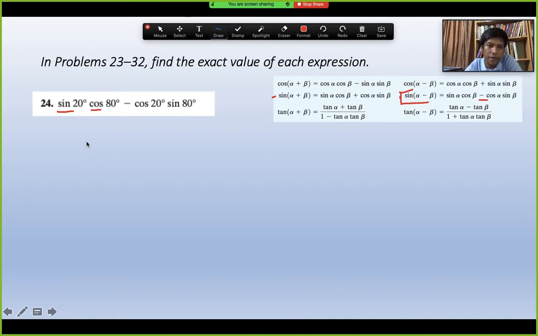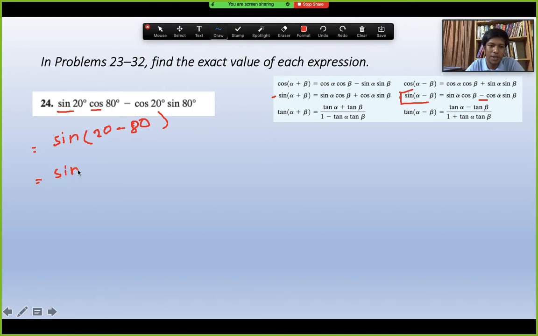Now what we have here is, the formula says this will be sine alpha minus beta. So alpha is 20, beta is 80. Then it becomes minus 60, minus sine. Let me write it one more line.